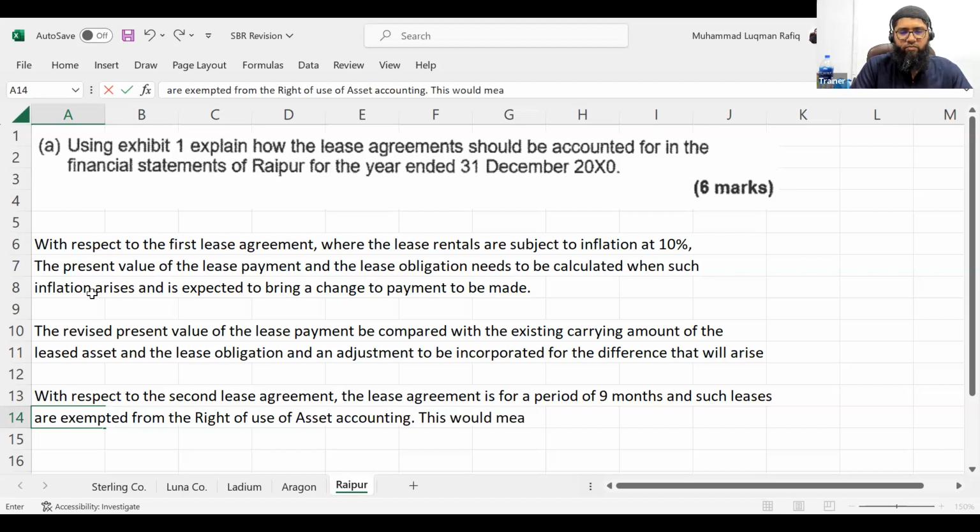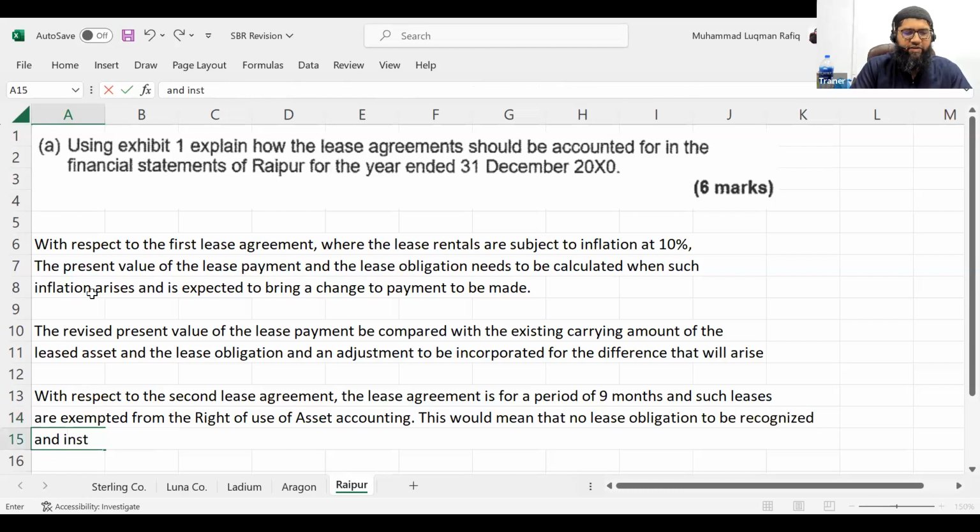This would mean that no lease obligation is to be recognized, and instead the lease rentals shall be recognized as expense in the income statement.